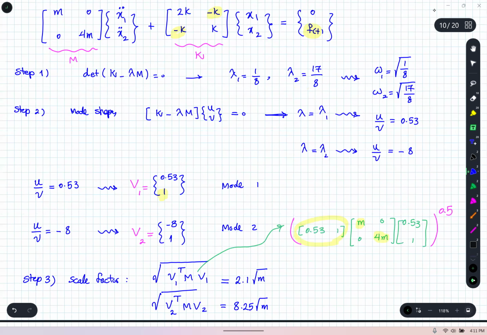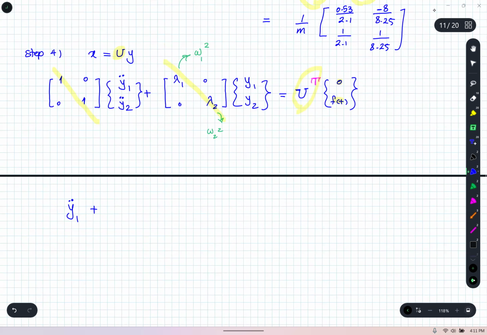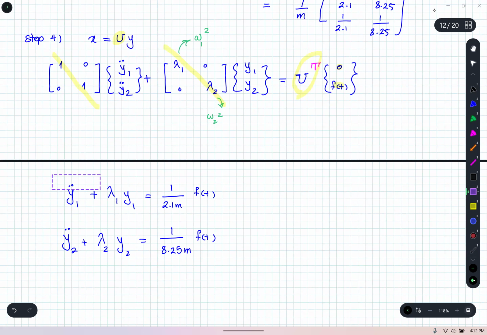We have them over there, or we just keep them as lambda 1, so it's easier because they are not really nice numbers. Y1 equal to Ft. Y2 is equal to 1 over 825 m Ft.